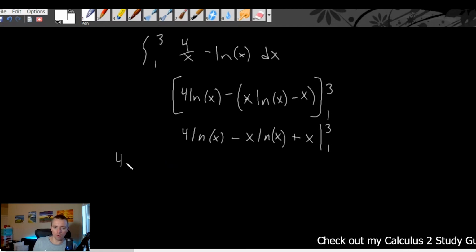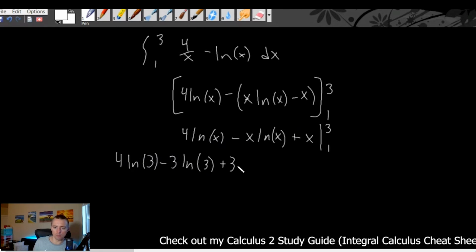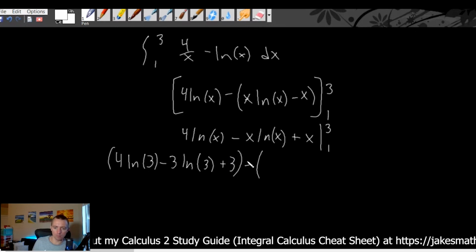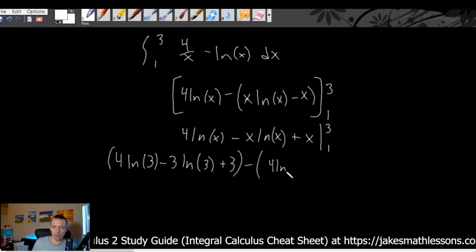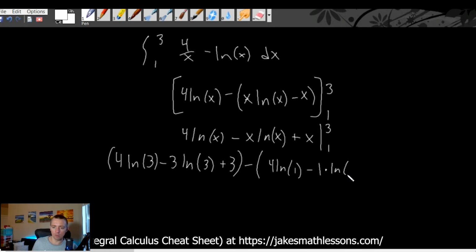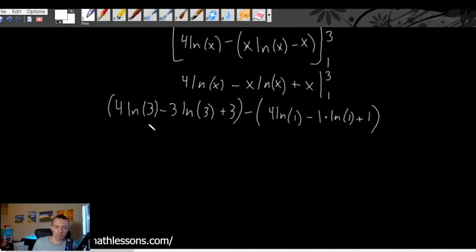So we get 4 ln of 3 minus 3 ln of 3 plus 3. That is plugging in our upper bound, and then we do minus plugging in our lower bound. So 4 ln of 1 minus 1 ln of 1 plus 1. Make sure to put all this in parentheses so that this minus sign is going to distribute through there.